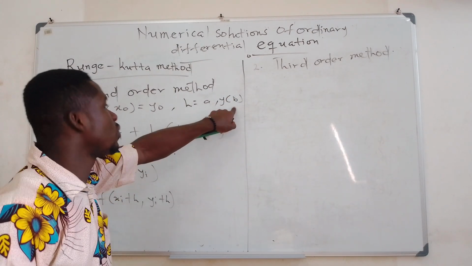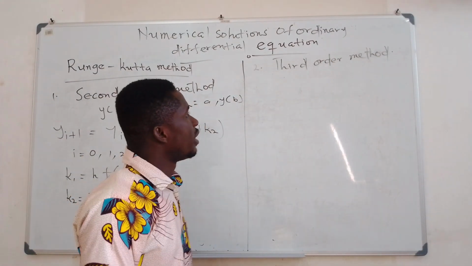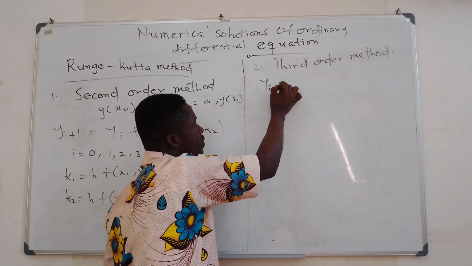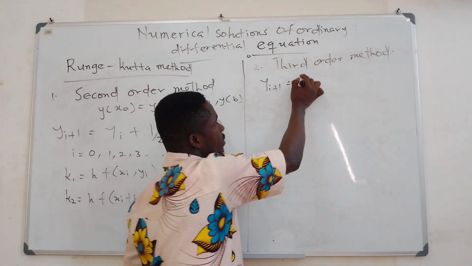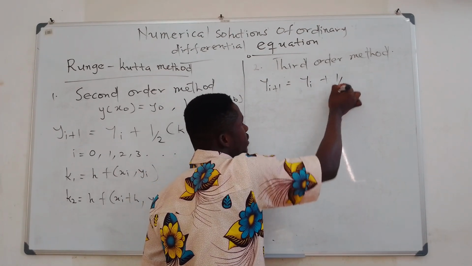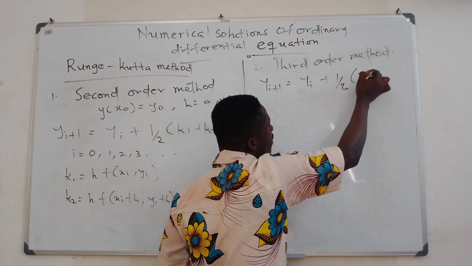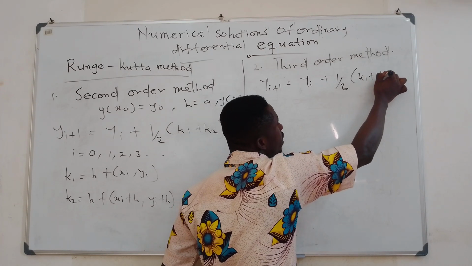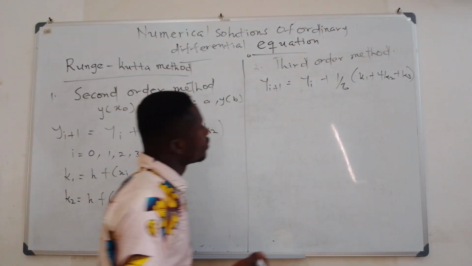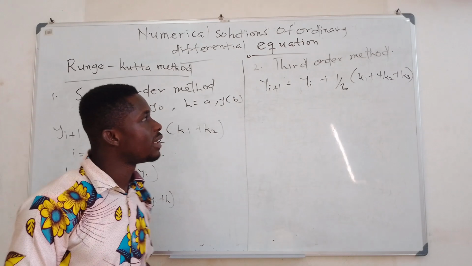For the third order method, the algorithm that we go by is yi plus 1 equals yi plus 1 on 6, you open your bracket, k1 plus 4k2 plus k3. This is the algorithm that we go by in solving the third order method.